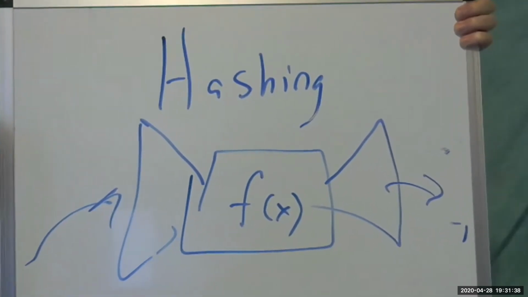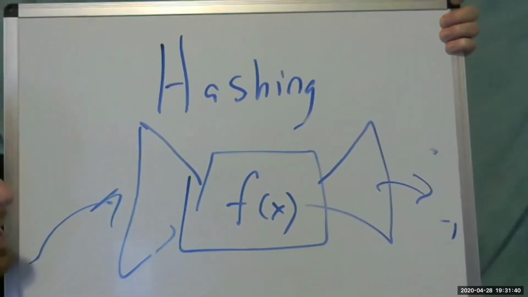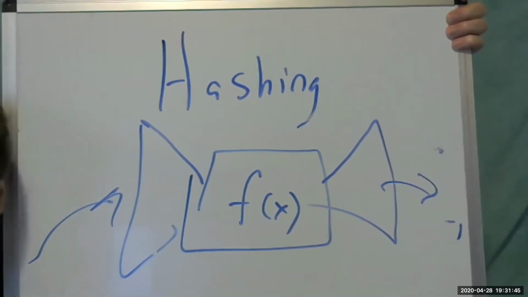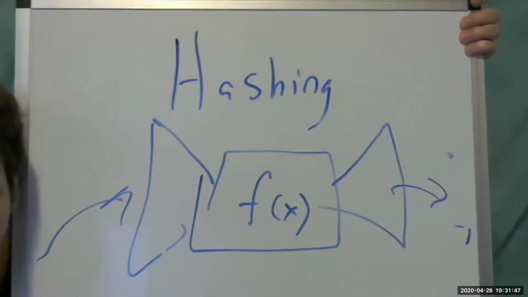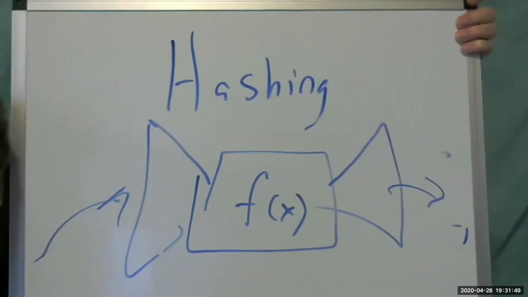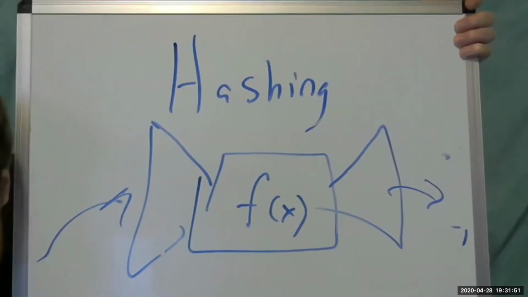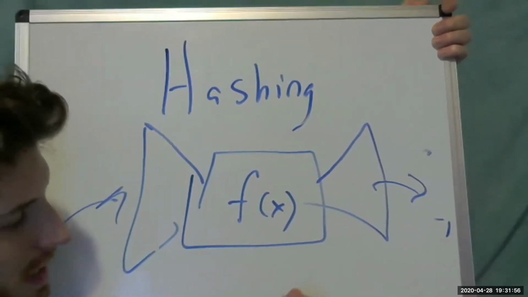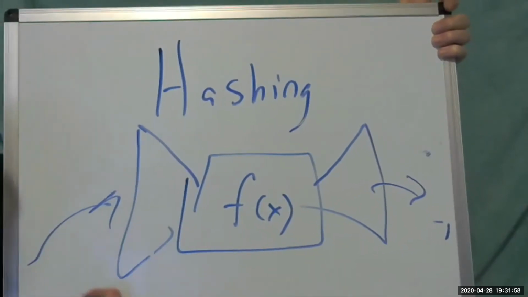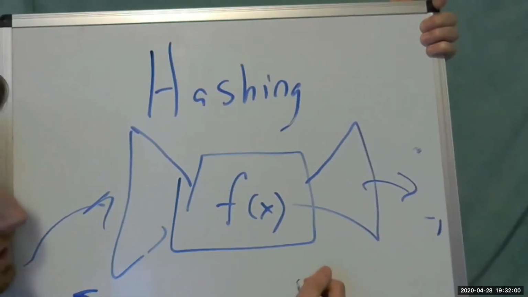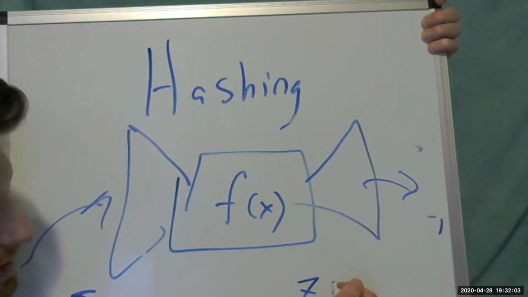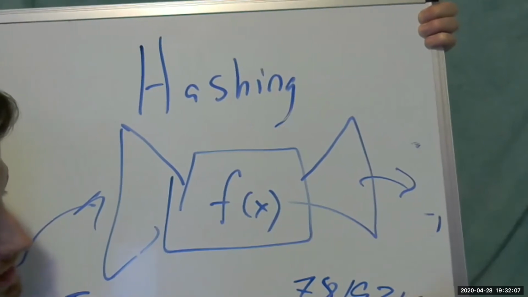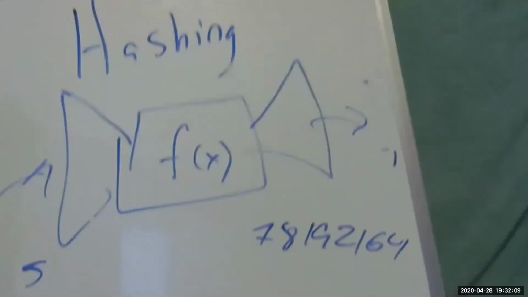What hashing does is derive, as Haseeb puts it, garbage, some random looking string of garbage. It could be some 32-bit thing, where I put in a 5 here and I get back some 7, 8, 1, 9, 2, 1, 6, 4, whatever. Doesn't really matter.